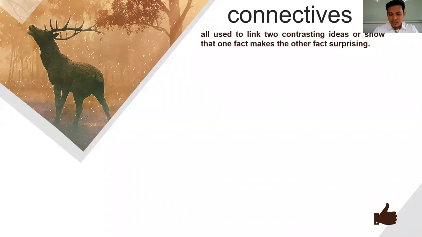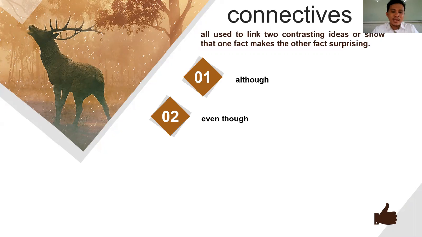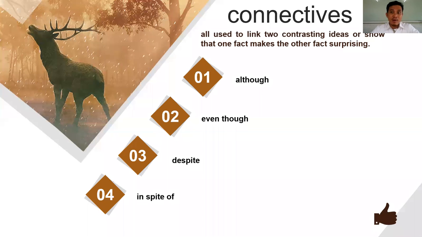Okay, so what are the connectives? Like I mentioned at the beginning, it's although, even though, despite, and in spite of. In Bahasa Indonesia, you translate those connectives into meskipun.